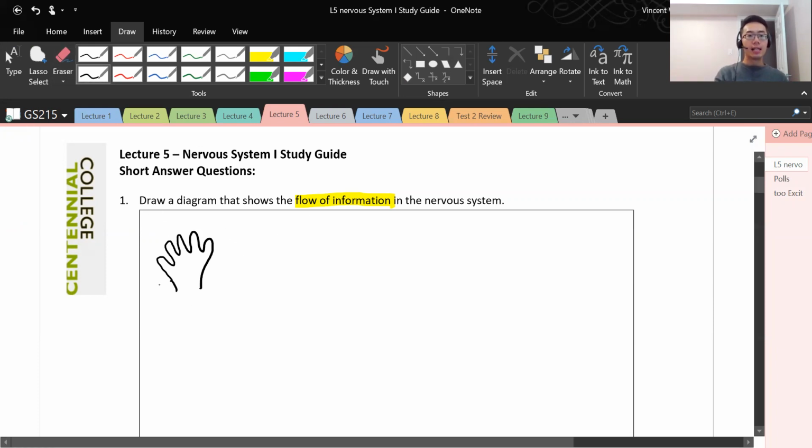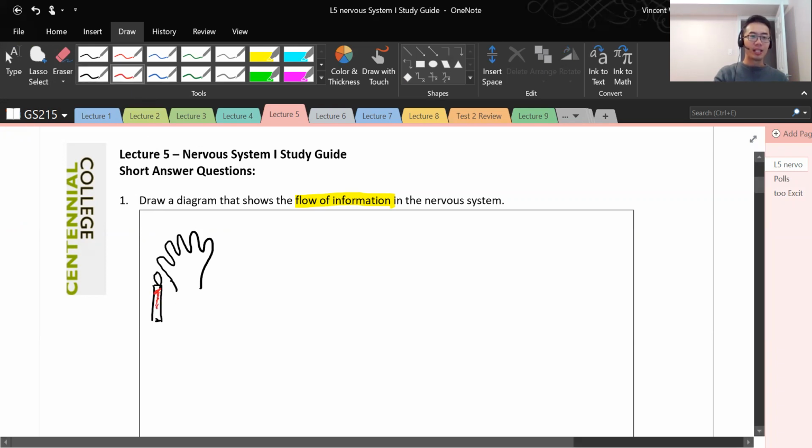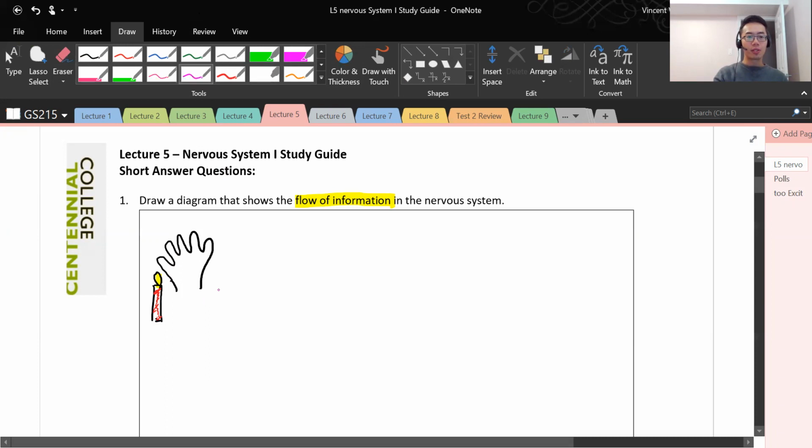So in this case, let's say we have a hot candle here, and I don't know why, but we accidentally put our hand over it without realizing it. Okay, then what's going to happen? So in the hand, like I said, you have all the different types of receptors, and in this case, you would have a thermal receptor.